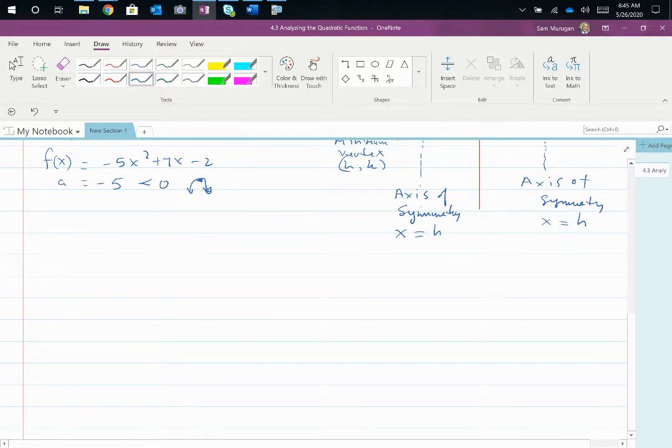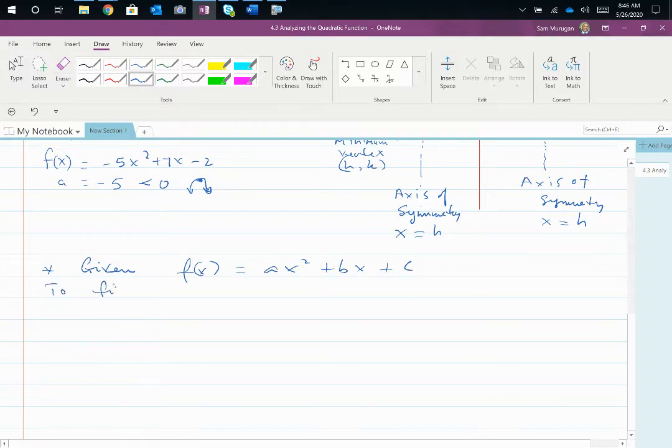All right, example. Given f of x is equal to ax squared plus bx plus c. Okay, that's the standard form.